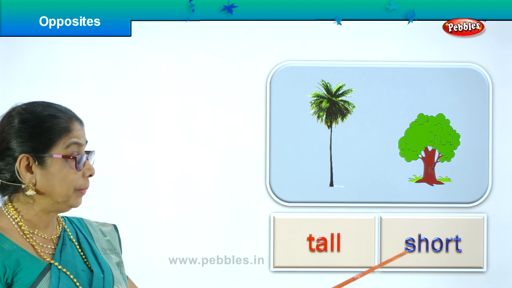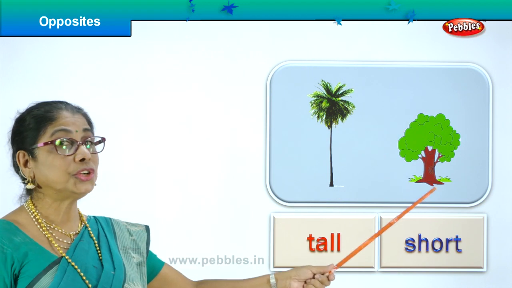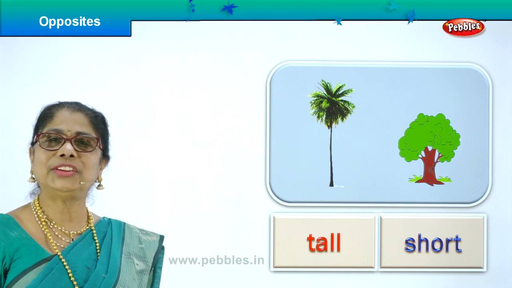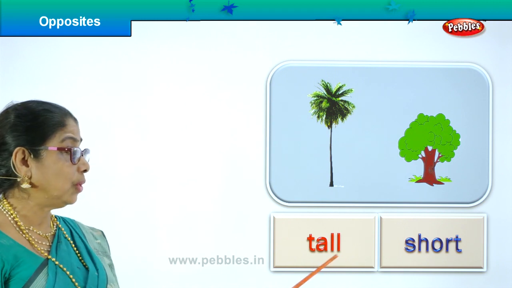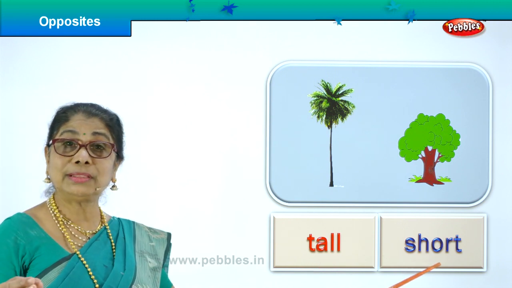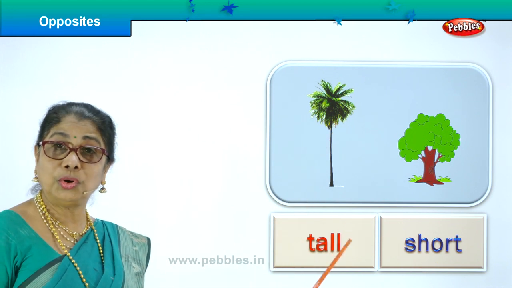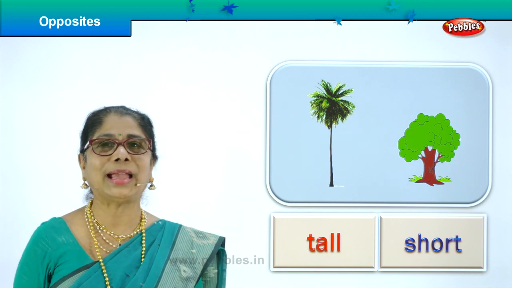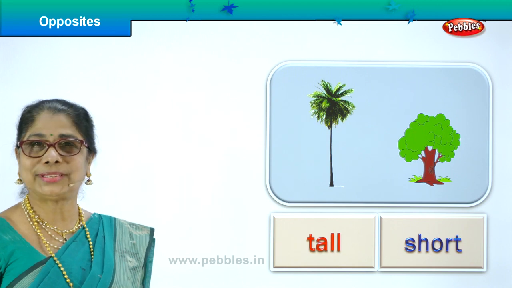Tall palm tree, short, S-H-O-R-T, short mango tree. Always the palm trees are very tall. So this is opposites what we are learning. Tall, short, using the correct word for the picture. Tall, short. Good, let's look at another set of pictures and learn the opposites.